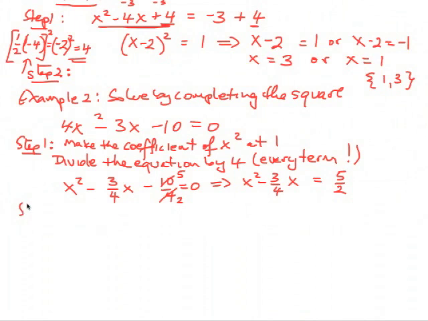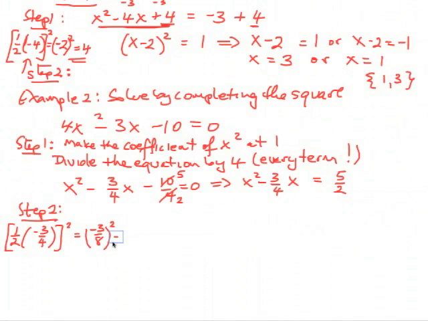All right, so step 2 now, okay, is we need to work out what this term is. So we need a half of the term that's there, which is -3/4. All right, and then we've got to square it. So this is going to be a half of this will be -3/8.